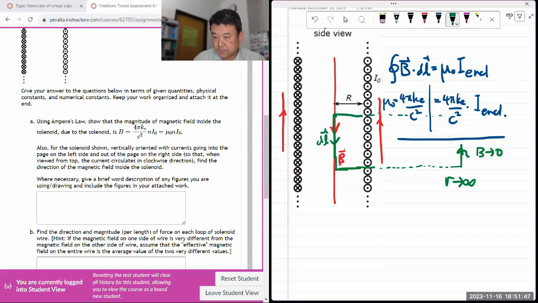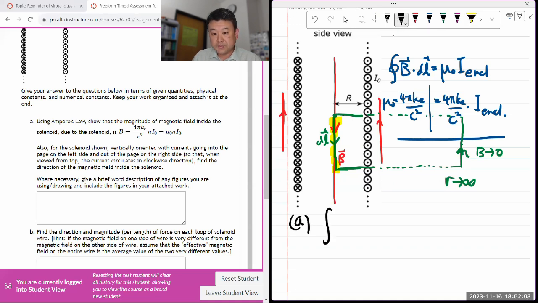So this is going to be my Amperian loop. This is a very beautiful loop in that the only segment contributing anything to this line integral is this segment here. So I can write down that the line integral of B dot dl becomes a very simple integral: the integral of magnetic field B times dl for this one segment.